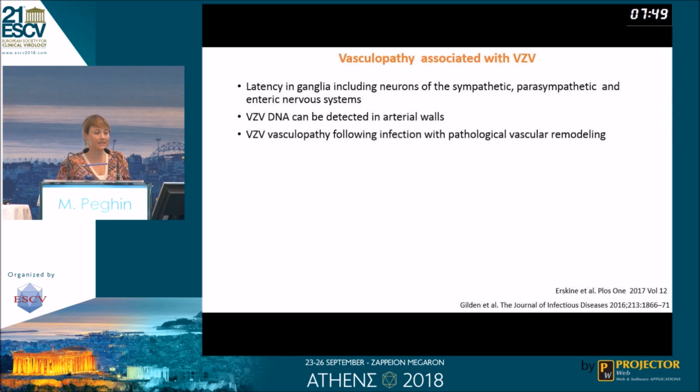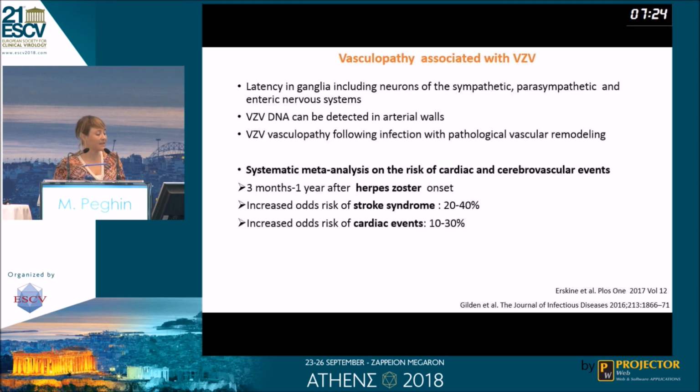We know that varicella can maintain latency in sensory ganglia, but also in sympathetic, parasympathetic, and enteric nervous system. So, varicella zoster PCR has allowed the detection of this virus in arterial walls. And since vasculopathy occurs following infection with pathological vascular remodeling, there are recent data from different studies.